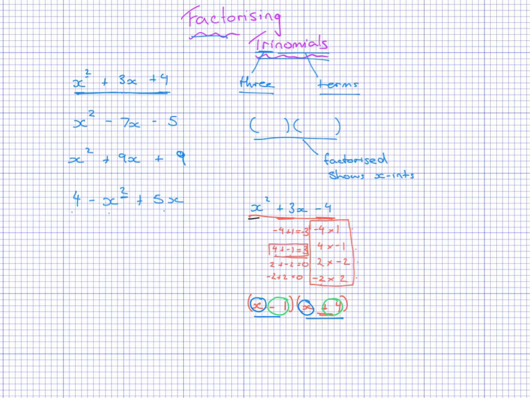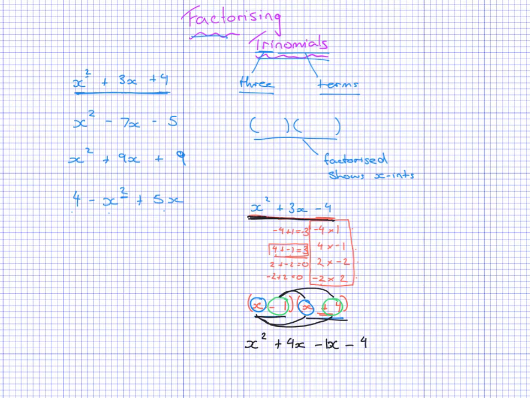You might remember that we can create one of these by expanding 2 sets of brackets. Remember you're multiplying, so you go x times x, which is x squared, which is what we needed. You also multiply x times 4, which is 4x. You then multiply minus 1 times x, which is minus 1x, and you multiply minus 1 by positive 4, which is minus 4.